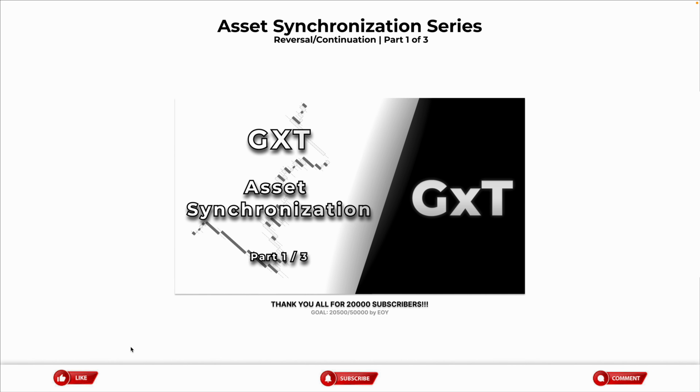Yeah, so asset synchronization. This is more so introduced through quarterly theory, right? And it is like a filter for SMT, essentially. Now, personally, through my studies of quarterly theory, I didn't learn too much about it in great detail. I really had to dive in myself into charts, and I created a very mechanical process for trading it.